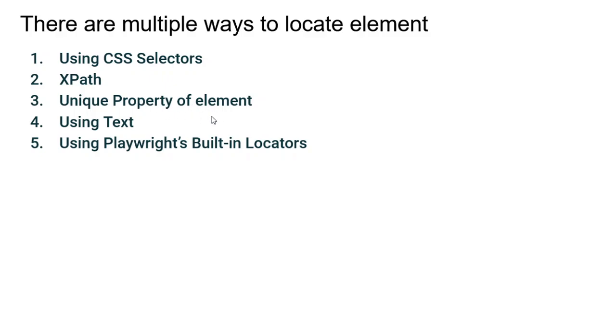Property means attribute of elements. We can also use text. We can also use Playwright's built-in locators as well. Playwright built-in locators we will see in a coming session. In today's session we will focus on CSS selector and how to use text to identify the web element.